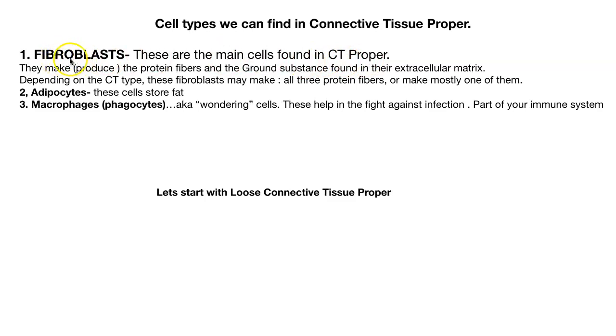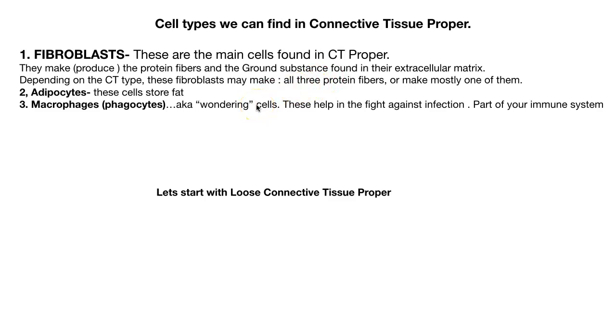Fibroblasts, they are making fibro. What is fibro? We're talking about protein fibers. So fibroblasts, they make the protein fibers and they make the ground substance that they are going to exocytose into their extracellular matrix.